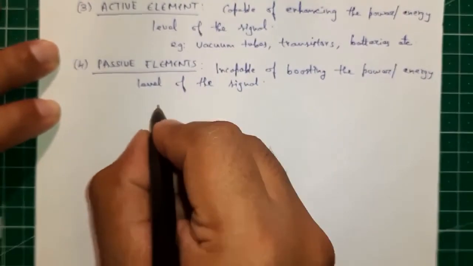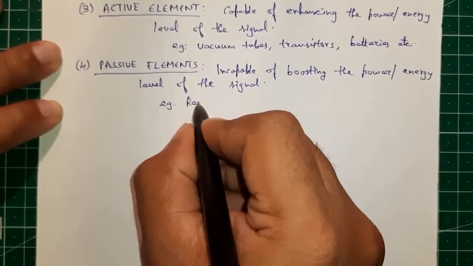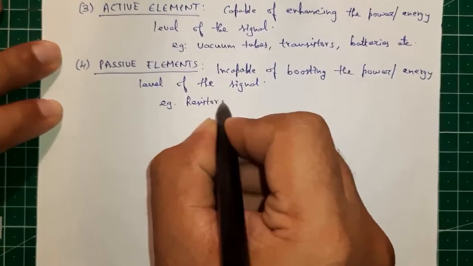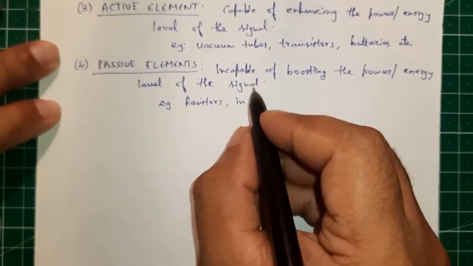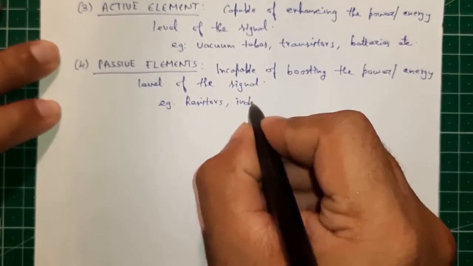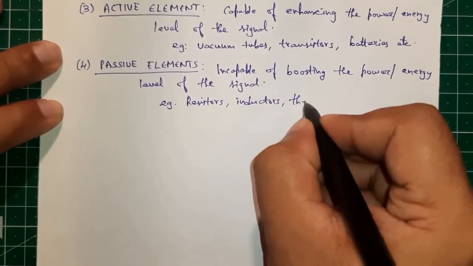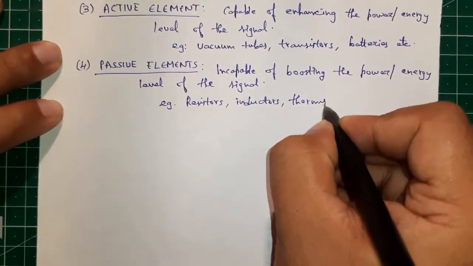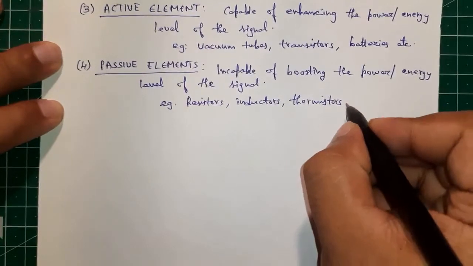Examples for passive devices are resistors, inductors, capacitors, thermistors, etc.